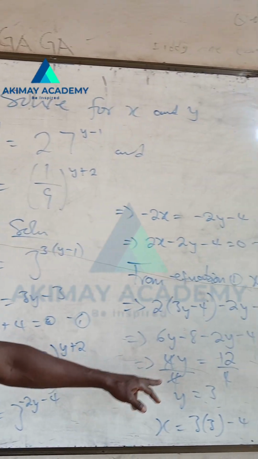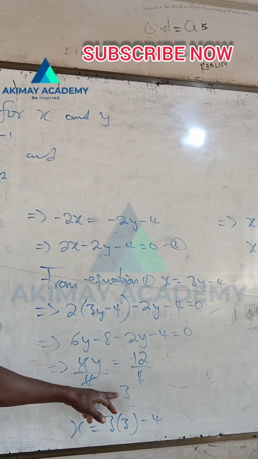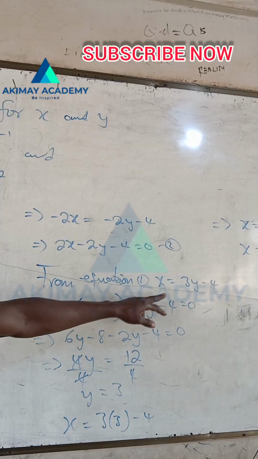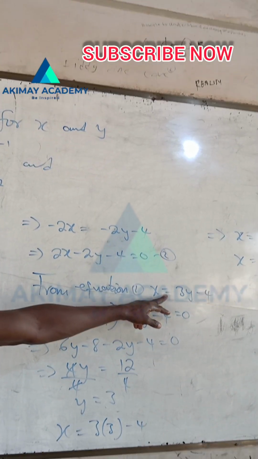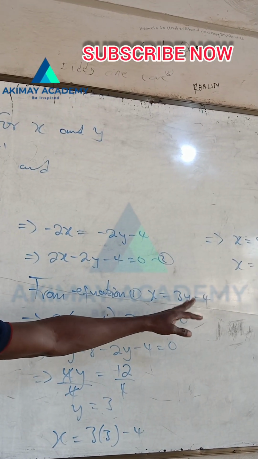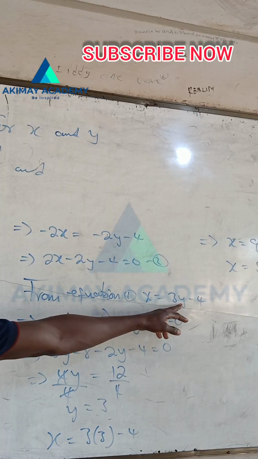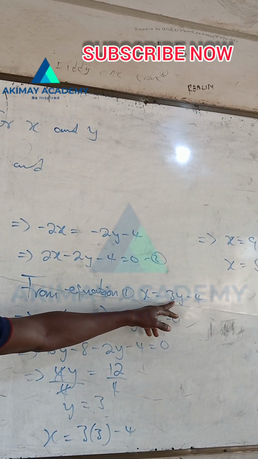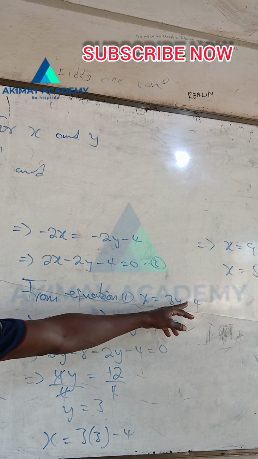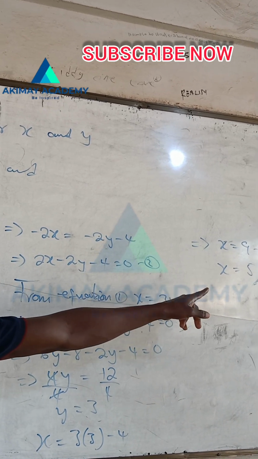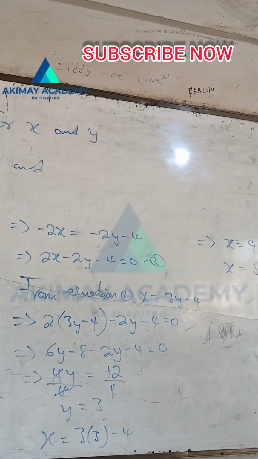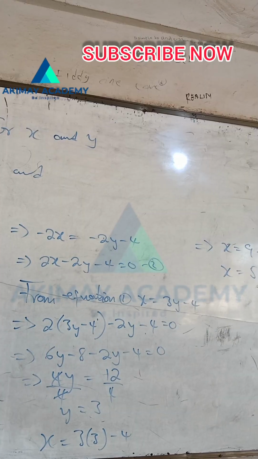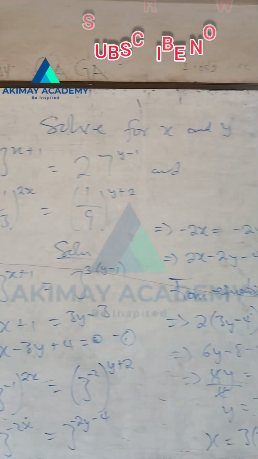Now we realize that our y is equal to 3. So after getting your 3, you fix it inside your equation. From equation 1, we know that x is equal to 3y minus 4. So straight away, wherever you see y, you put your 3 over there. Then you multiply by your 3, which is making 9. Subtract 4 from it, and you are getting 5 for x. And this is our solution for the problem.